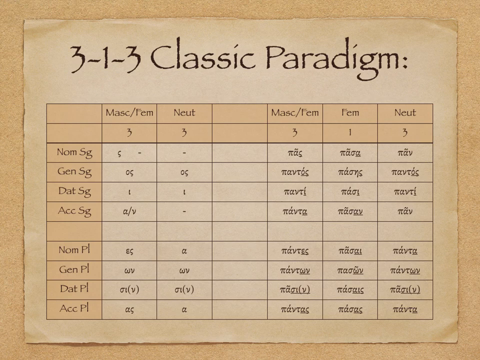Notice them here. I have listed the third declension endings again on the left side of the paradigm, and then we have the word pos as it would be looked up in the lexicon.